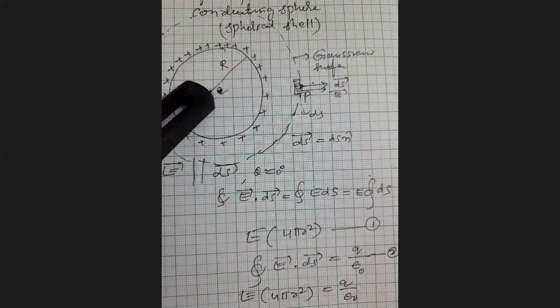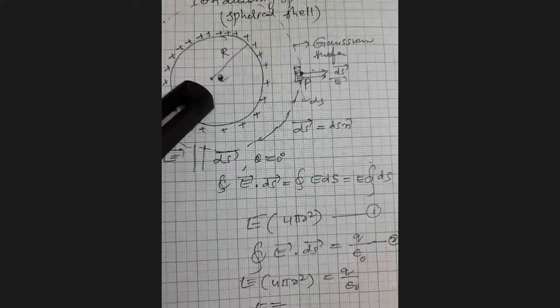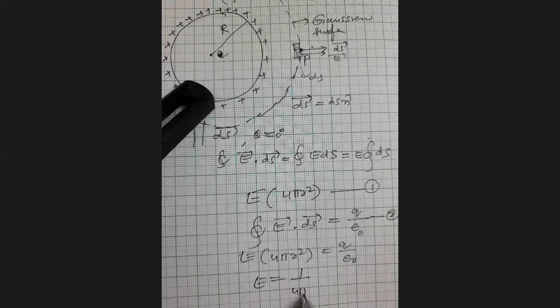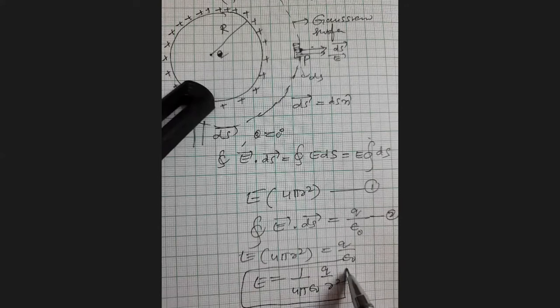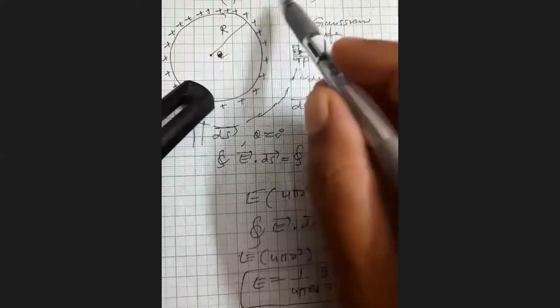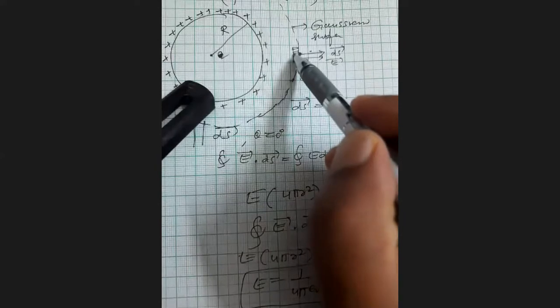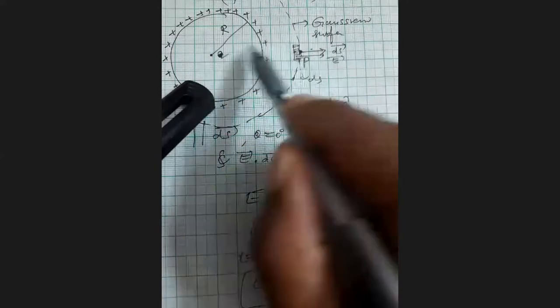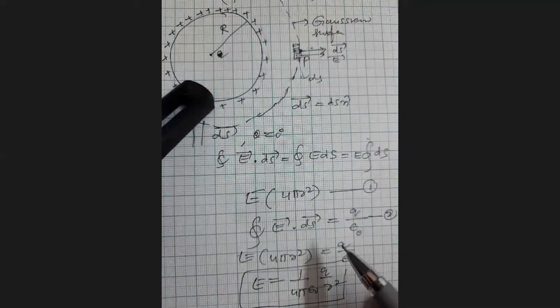So from that, E is equal to 1 by 4 pi epsilon naught into Q by r square. This is the electric field strength outside, at the point P, which is at the distance r from the center of the spherical shell or conducting sphere.